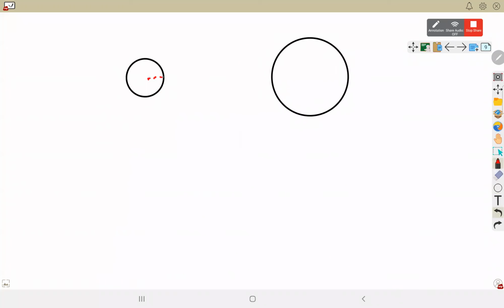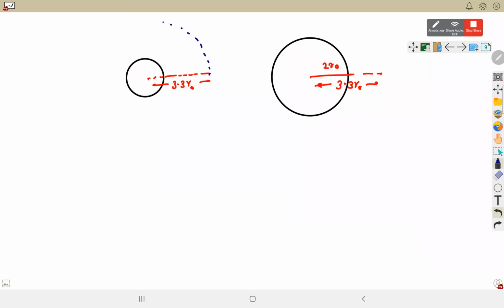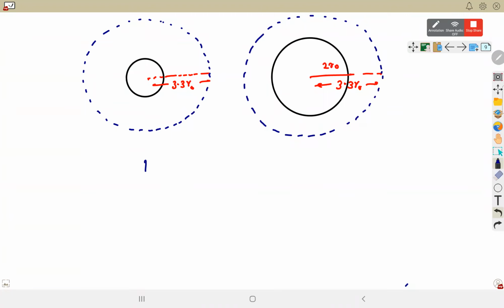In both the cases, when the radius was r naught and when this radius is 2 r naught, 3.3 r naught is outside only. So electric field will be kq by r square, where r is 3.3 r naught whole square.